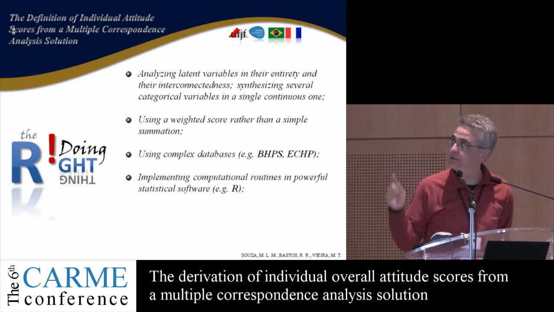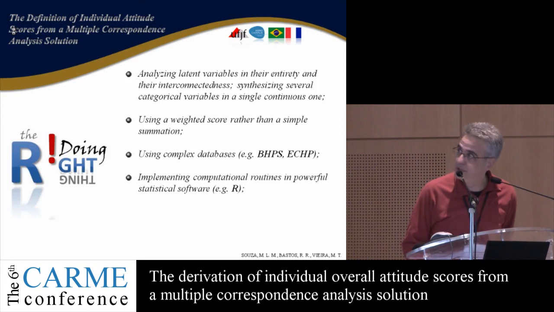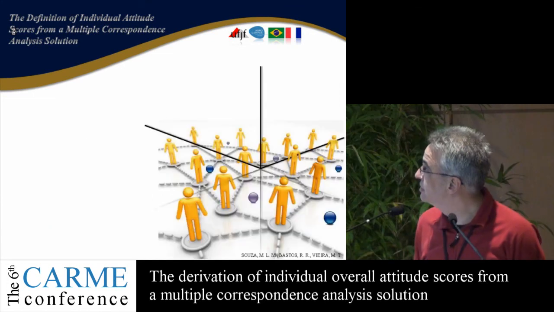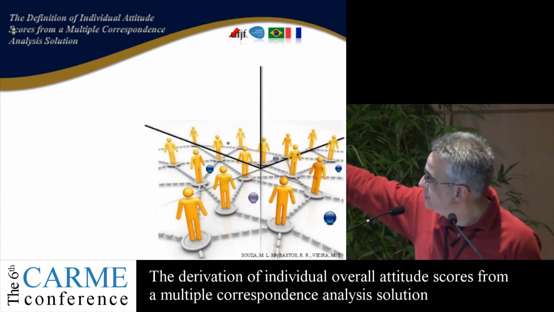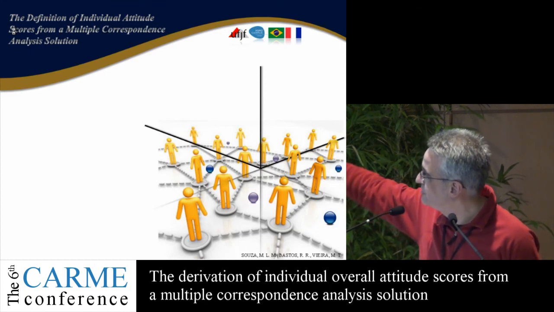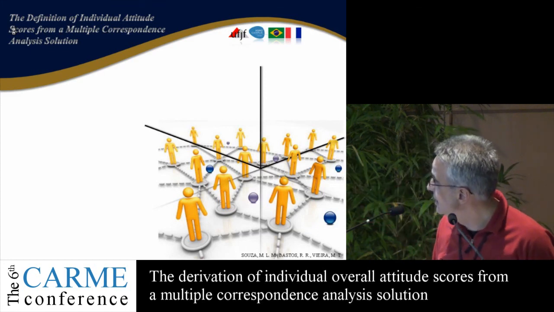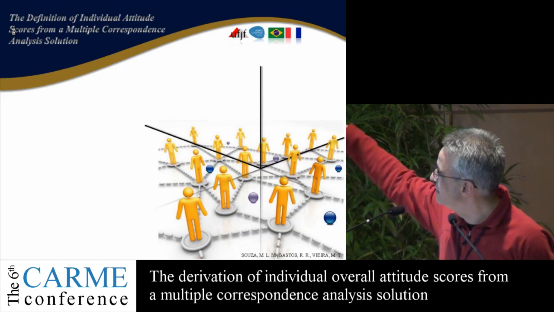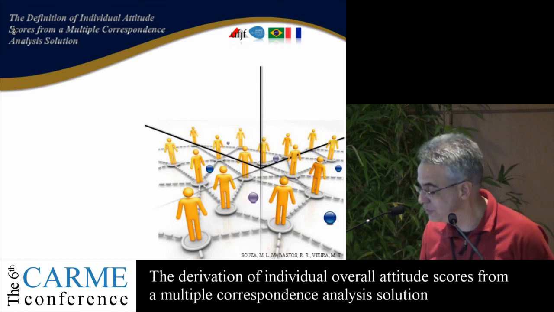And so we implemented all the routines in R, in statistical software, and we chose the multiple correspondence analysis solution, which was MJCA, using the ca package for a Burt matrix. So the idea, you have the individuals, you have the balls representing the categories, and you have, in this example, a three-dimensional space and three categories for two variables.